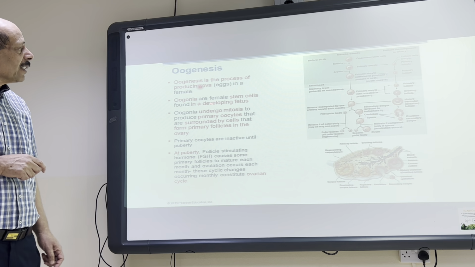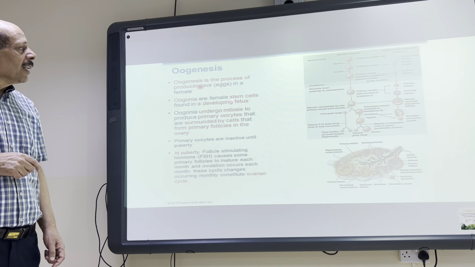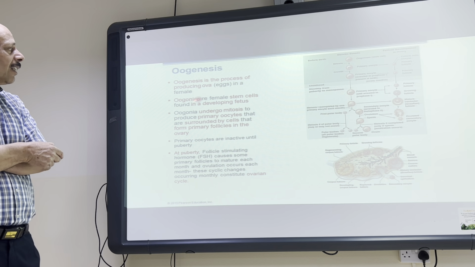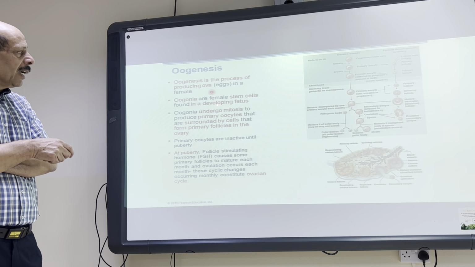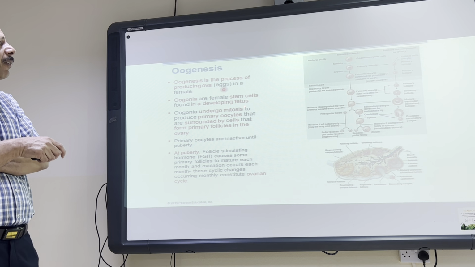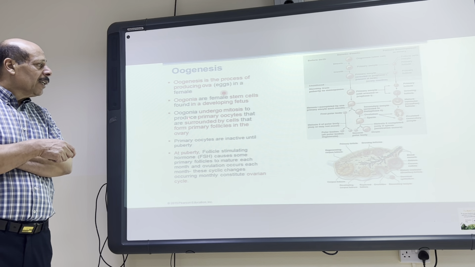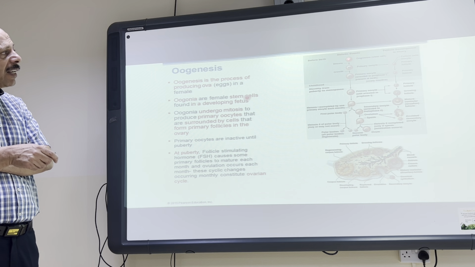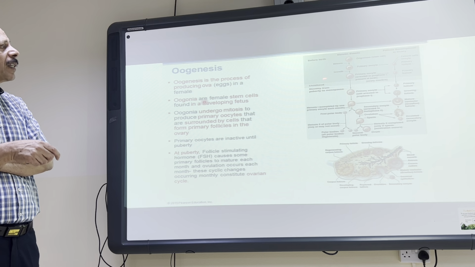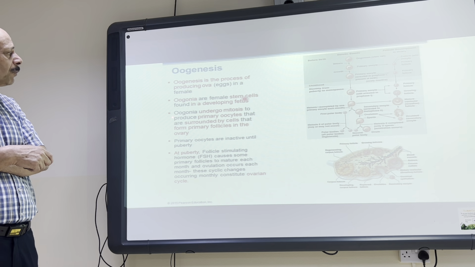So the oogenesis starts from female stem cells found in the developing fetus. The oogonia is the primary cell that will later produce the ova.